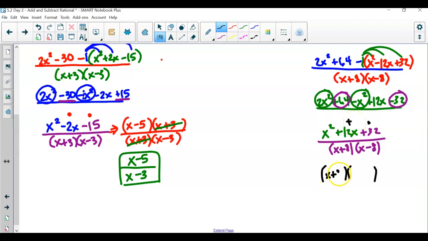So x plus 8 times x plus 4 over x plus 8 times x minus 8. That means now, how can I simplify this? What cancels out? The x plus 8. And you are left with fully simplified x plus 4 over x minus 8.